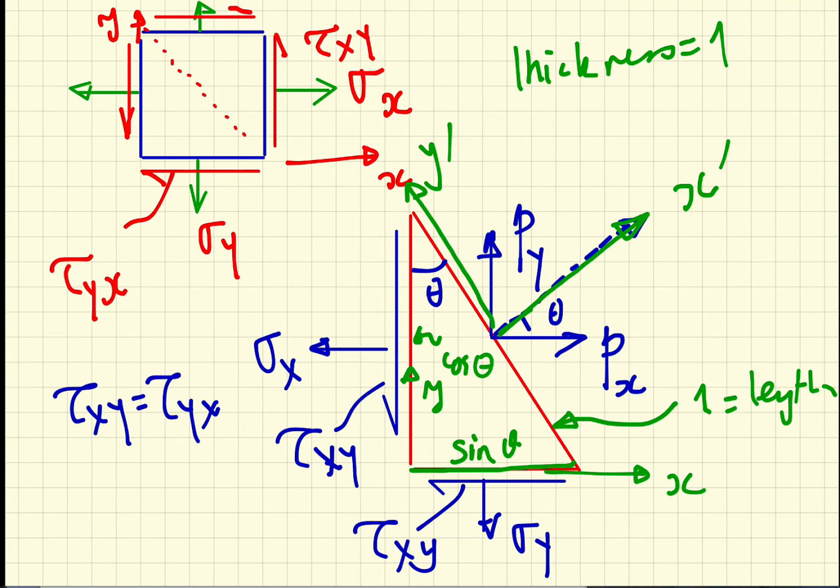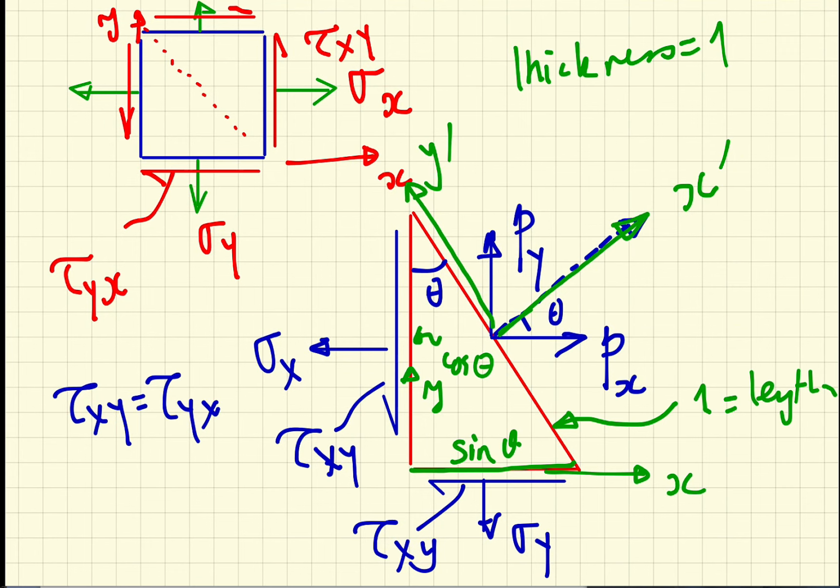So the length of the diagonal is 1, the length of the segment across from theta is sine theta, and the length of the segment that is adjacent to theta is cosine theta.